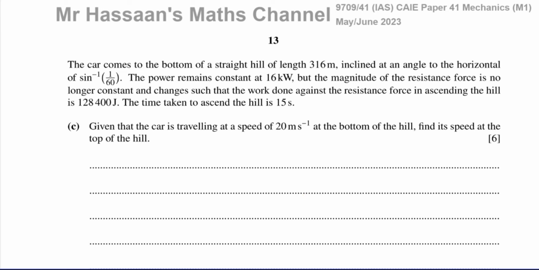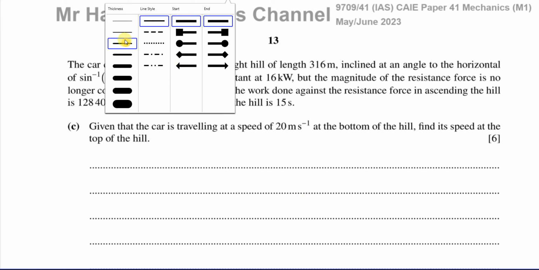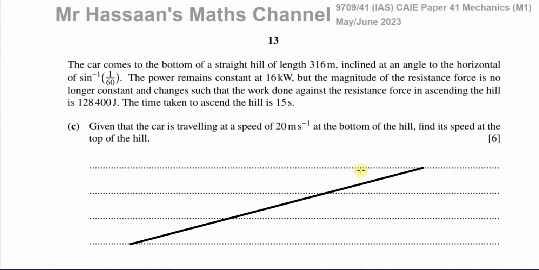So let's make a diagram. Always in mechanics questions, making a diagram really helps to sort things out. So we're going to have a diagram that's representing the hill. You have the particle, or the car, going up the hill.